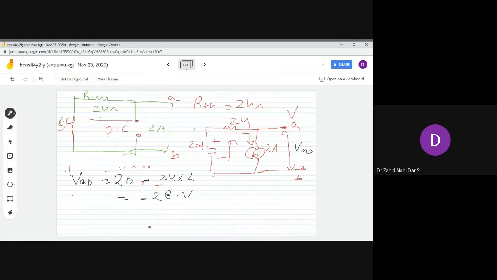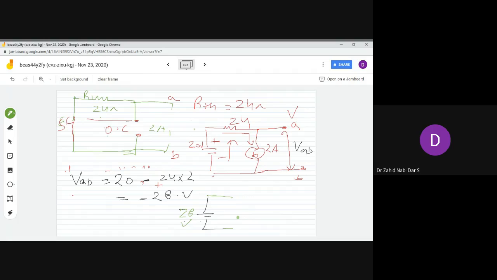Now you have to replace. When you are replacing the Thevenin, it would be 28 volts here, in combination with your 24 ohm resistance.